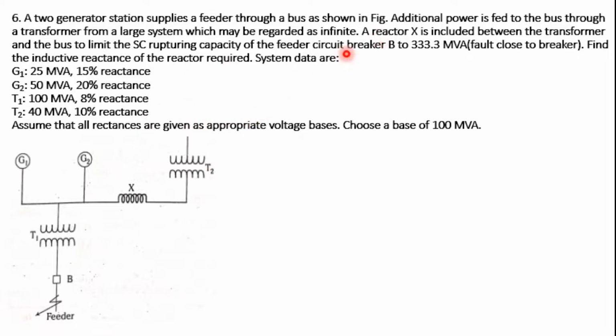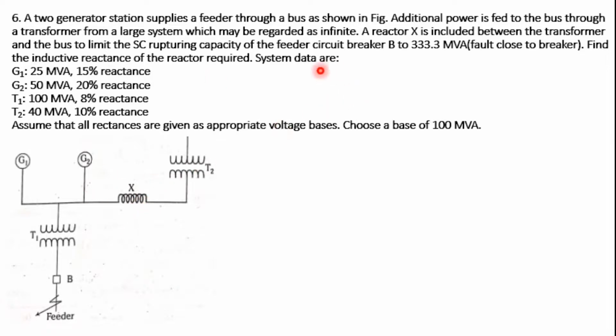There is a reactor X included between the transformer and the bus to limit the short circuit rupturing capacity of the feeder circuit breaker B to 333.3 MVA. Find the inductive reactance of the reactor required. We have to calculate the X value.